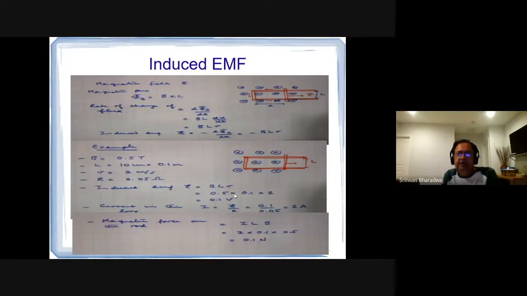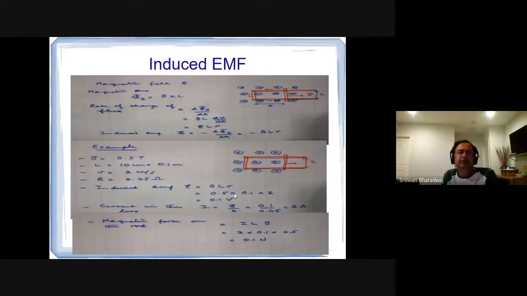So here there is a simple example. d phi by dt is B times L times dx by dt, right? dx by dt is what? V, right? So B times L times V, because B times A is the flux.